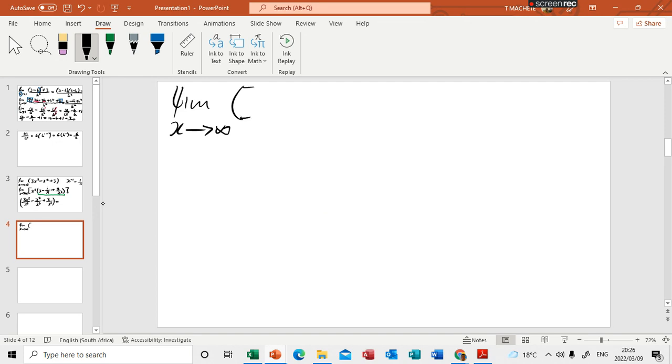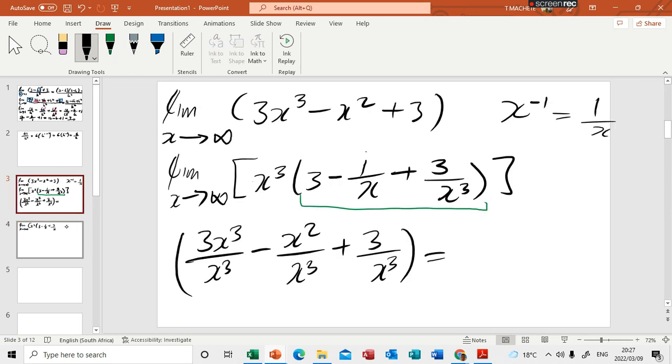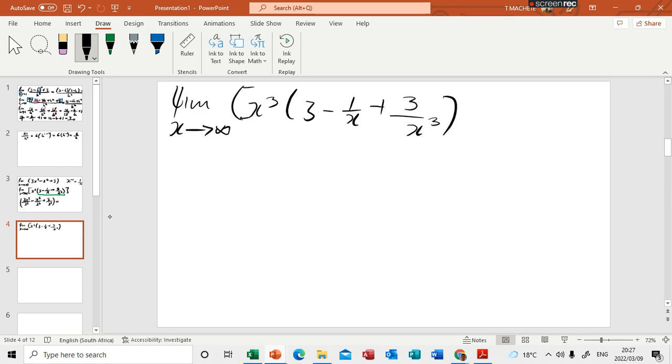Then I said you factor out x cubed: x cubed times (3 minus 1 over x plus 3 over x cubed).